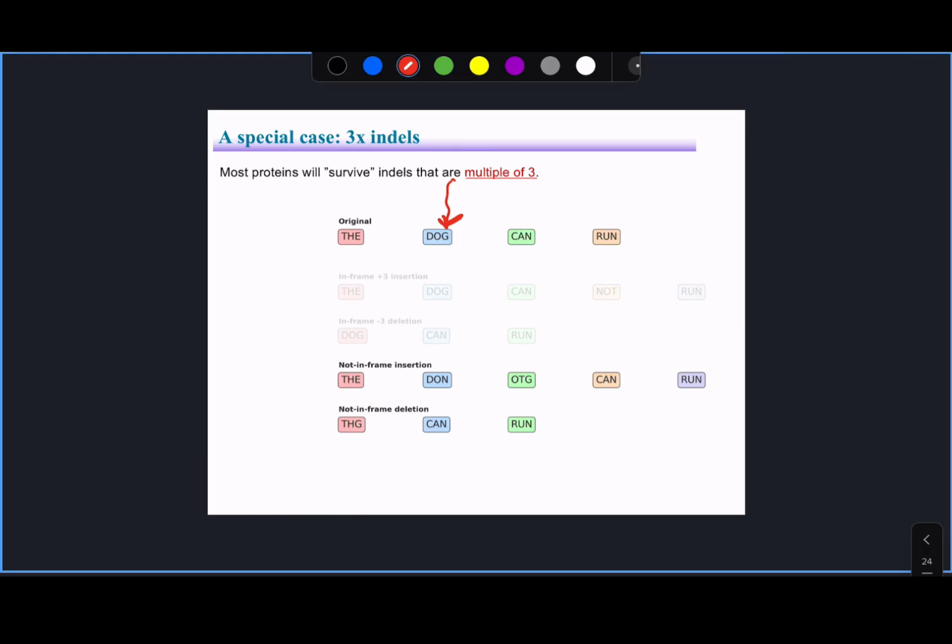So generally speaking, any 3 or multiple of 3 indels will have way less deleterious effect than a 1 or 2 or non-multiple of 3 indels, because the 1, 2, and non-multiples of 3 will cause frame shifts, whereas these guys will cause very limited damage. So now with these things, you're changing 2 amino acids in that protein. We go back to the same concept. If this protein had 1,000 amino acids in it, it may not be that bad.